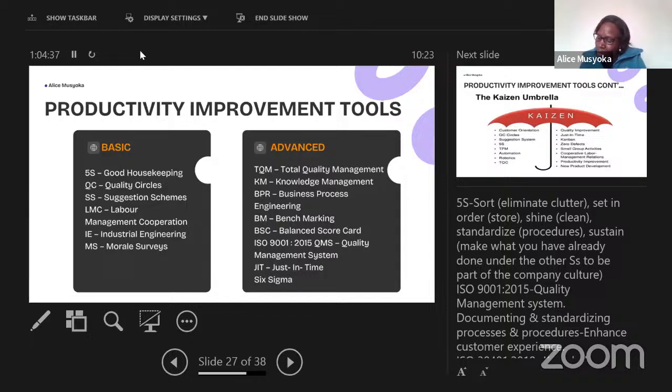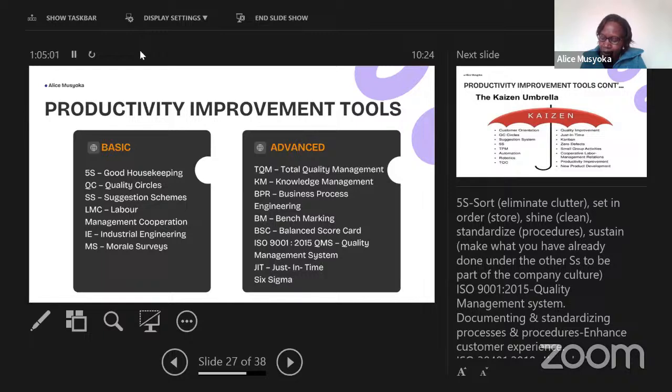So TQM is a management approach, a long-term approach that is done through customer satisfaction. In a TQM effort, we have all members of an organization participating in improving processes, products, services, and the culture at the workplace.